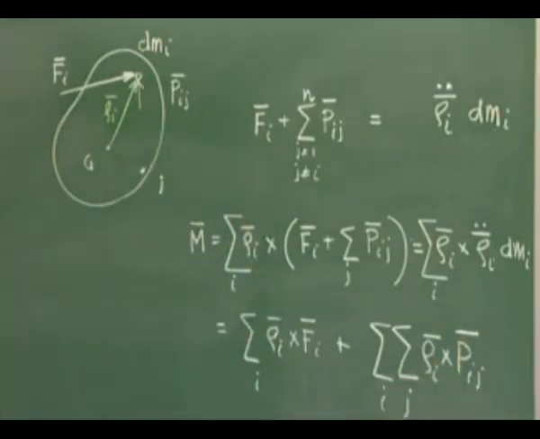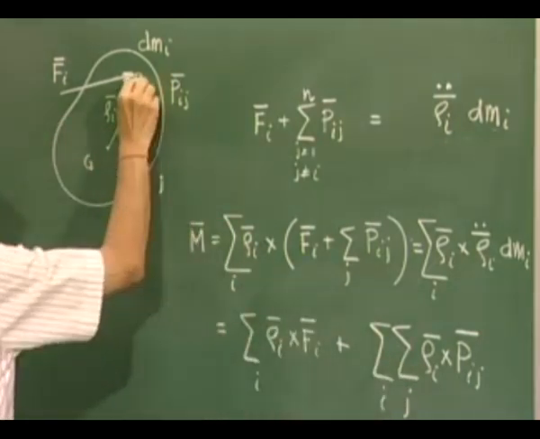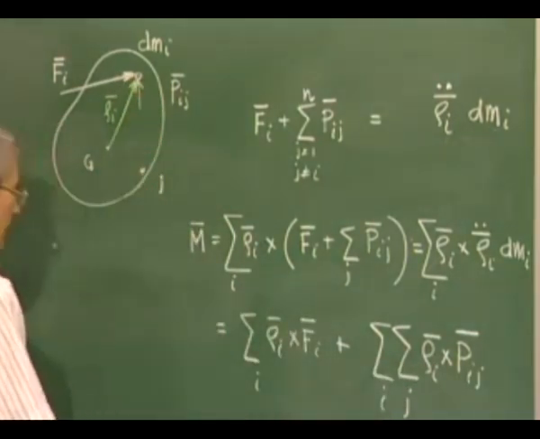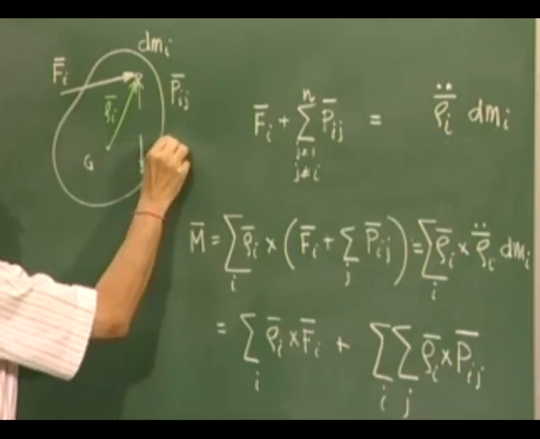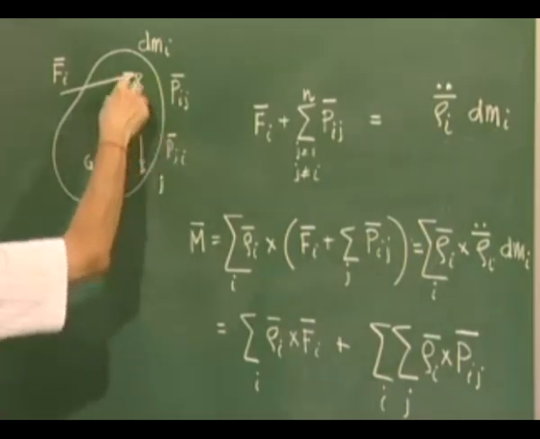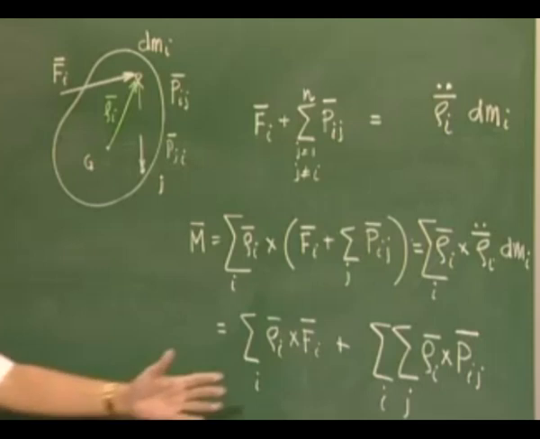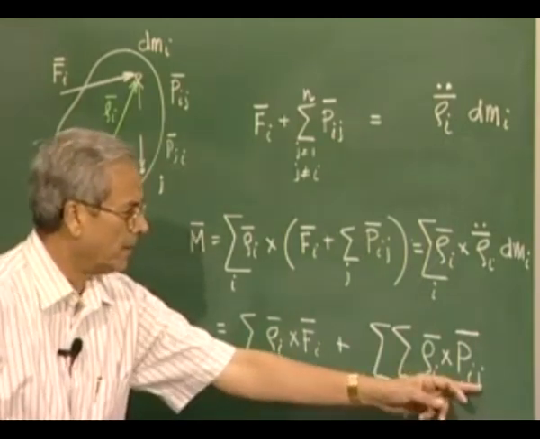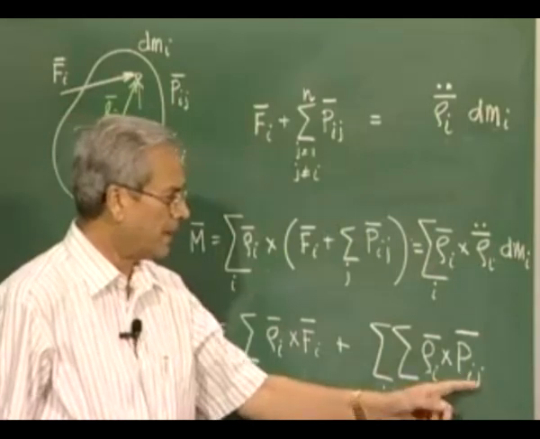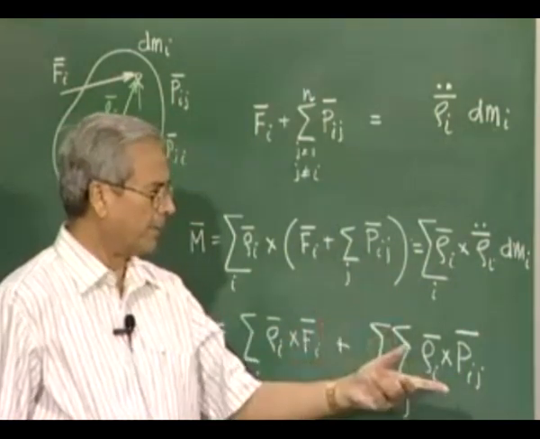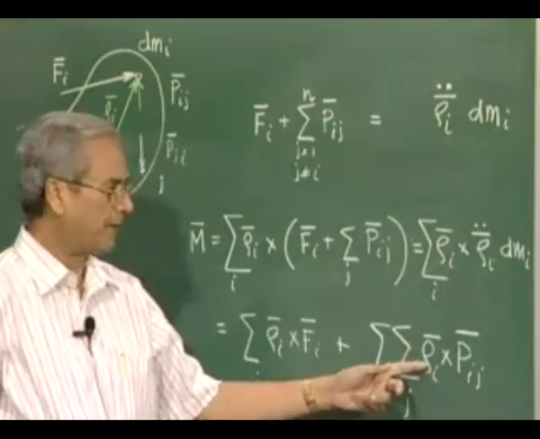Now this is an interesting thing, because Pij is a force, and because of Newton's third law, the equal and opposite force Pji will be just equal and opposite. So when you vary the index for all the particles, for each Pij there will be one negative Pji which will oppose the effect of this.